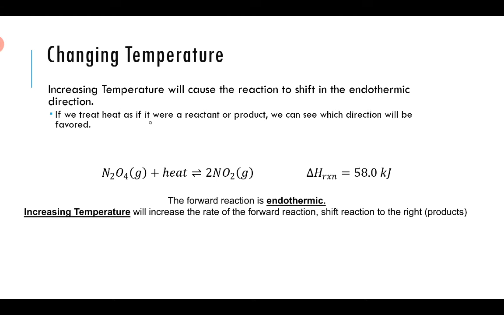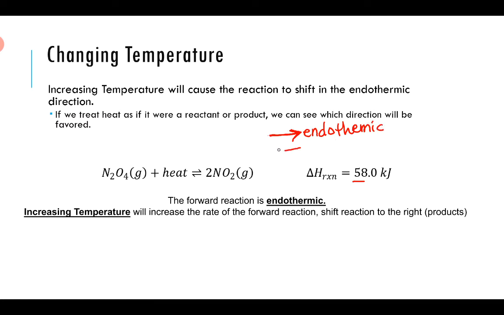And so when we add heat, that's the direction it's going to want to run. So we have to think in terms of, hey, if my reaction is exothermic one way, in this one, this is positive. And so this particular reaction is endothermic this direction.